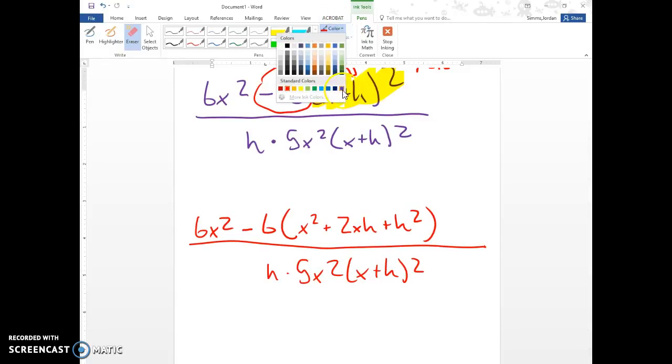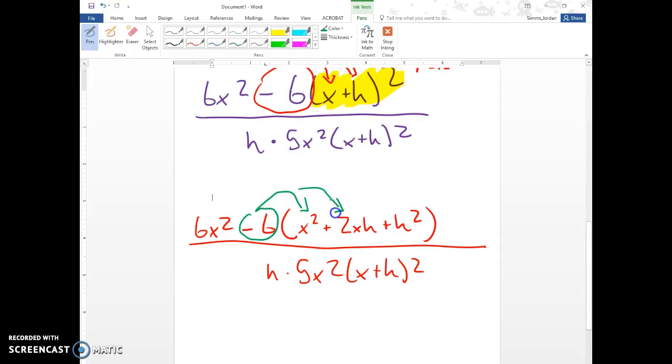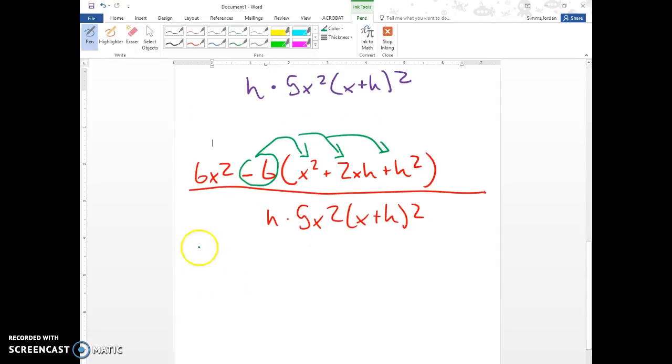I'll change my color because I'm bored looking at red. Let's go with green. Now I'll take minus 6 and I will distribute. So I have 6x squared minus 6x squared, which is gone anyway. And I have minus 6 times 2, so that's going to be minus 12xh.